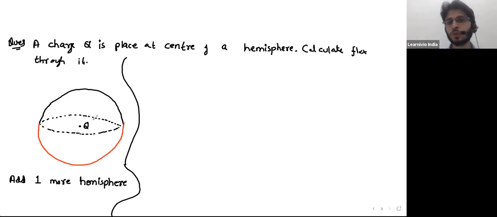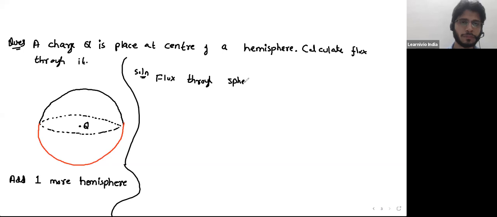And the flux passing through this complete sphere will be Q by epsilon naught now. So you can say that flux through sphere is Q over epsilon naught.